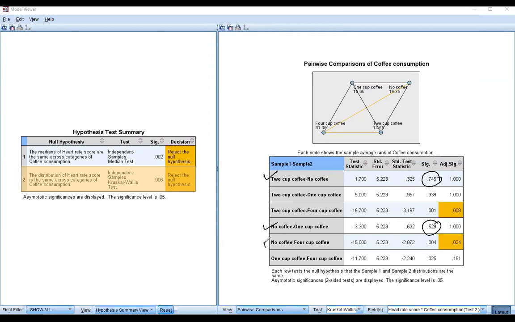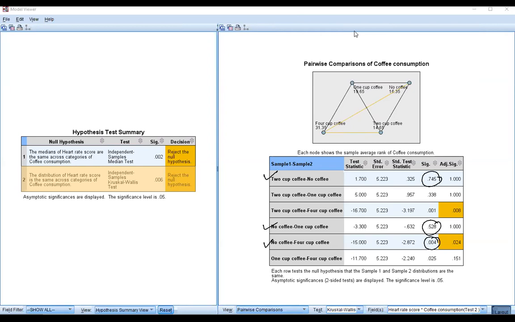No cup coffee with 4 cup coffee, yes, there is a significant difference. So we can interpret that 1 cup coffee per day and 2 cups coffee per day do not significantly increase heart rate score. When you consume 4 cups coffee per day, then it may significantly increase your heart rate score.